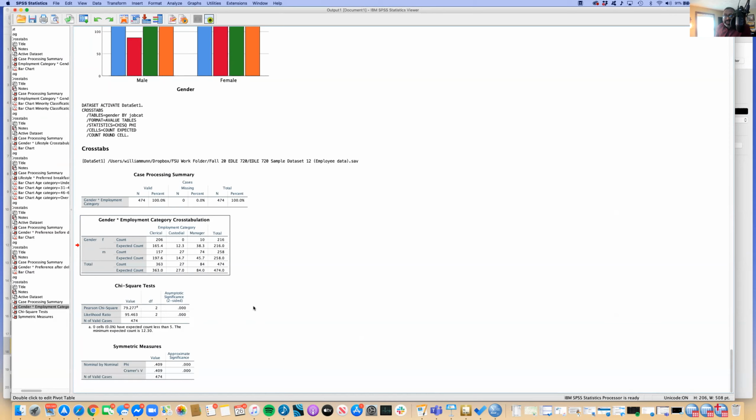So if you wonder if there might be some bias here with regard to the heavy amount of clerical with women, then you can say that. And in particular, the relationship we observed in our previous summary between men and women with managerial jobs. And the literature backs that up.